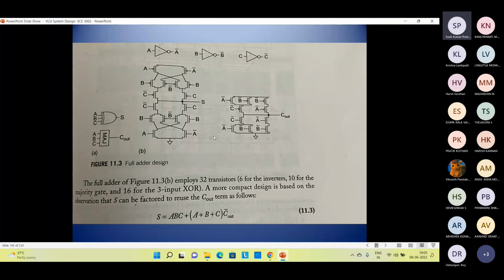So how the different NMOS and PMOS are connected in different fashions, which are in parallel, which are in series. So this way. So in the full adder circuit, we have a sum and a carry. So for sum, this way we have to design the circuit, whereas for carry out, we have to design the carry like that. Okay.